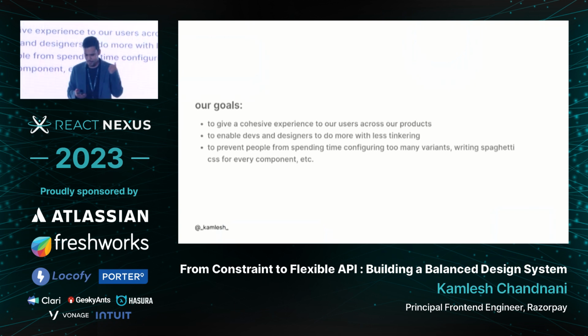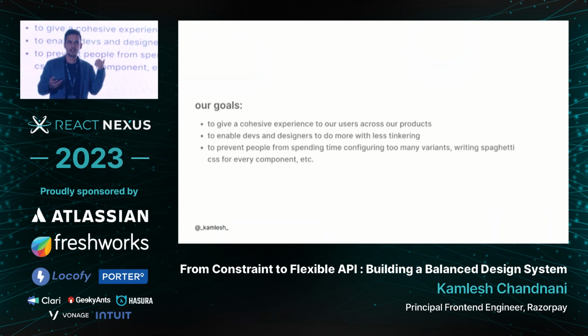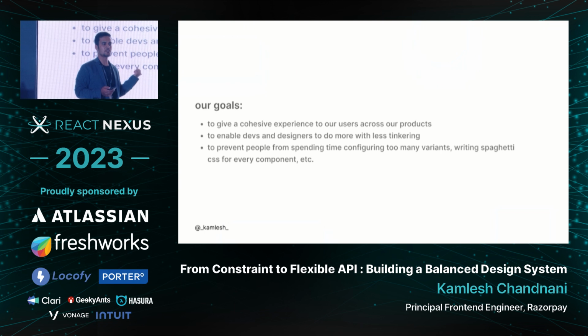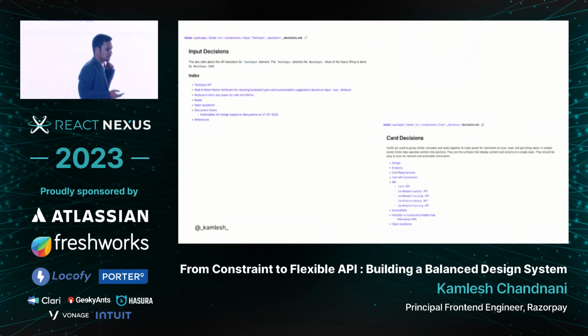So coming back to our goals, all our decisions just revolve around these goals. And these are the examples. When I said decisions, it's not just our decision, it's combined as a team. The way we do this in practice is that we write API decisions for each and every component. Before we start, we put it on GitHub.